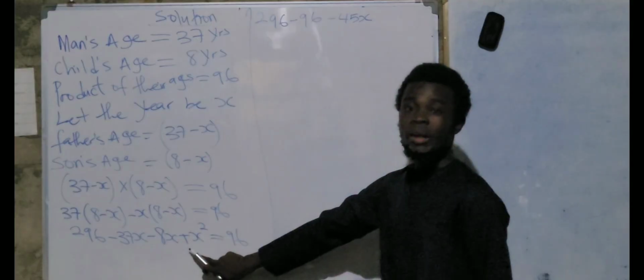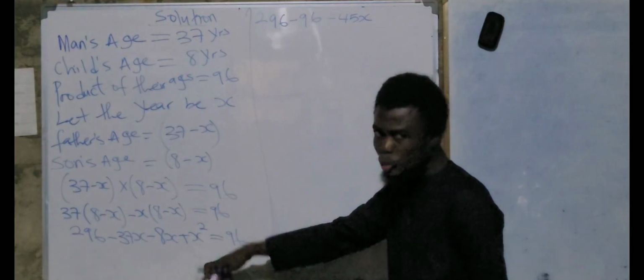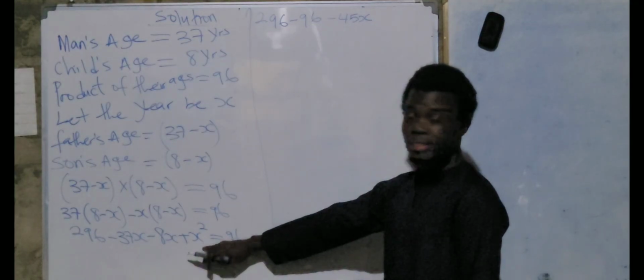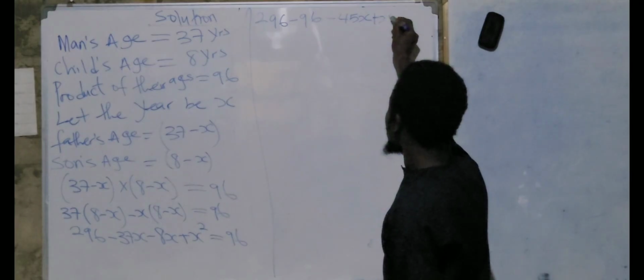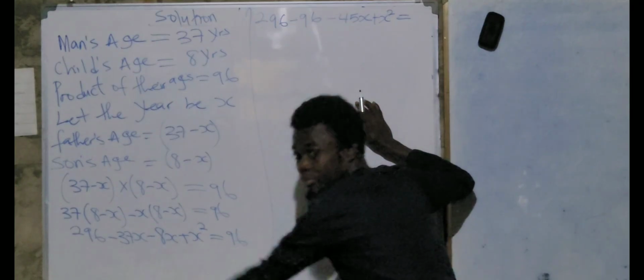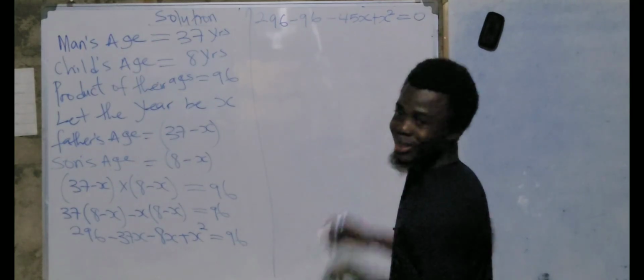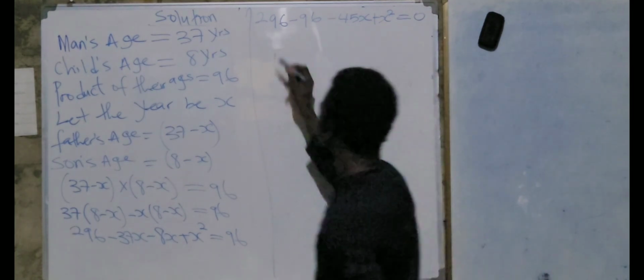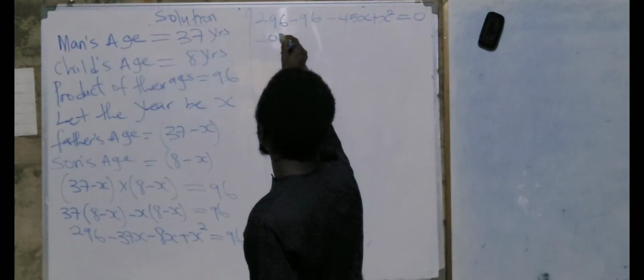Next one you have here, you have plus X squared. But this one has no like terms. We have only one X squared, right? So you say plus X squared. Now everything here has been taken to the side. Then what does it mean here now? 0. So when subtracting here, what do you have now? You have 200.